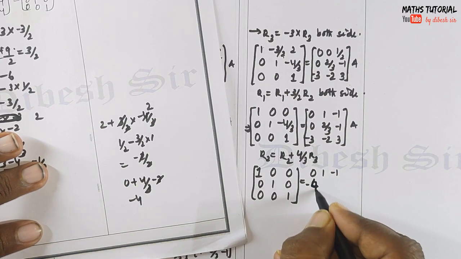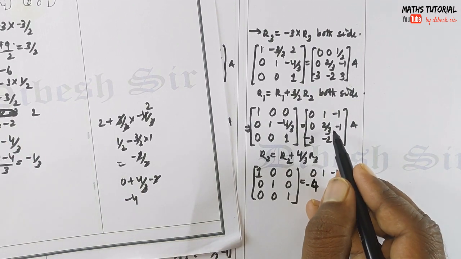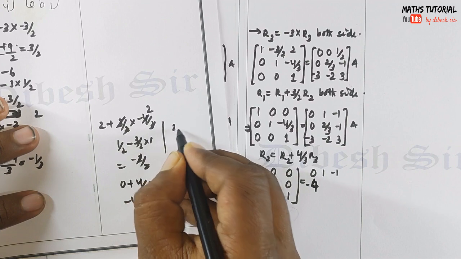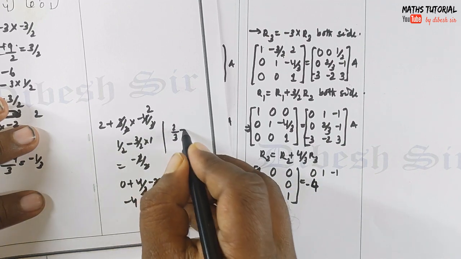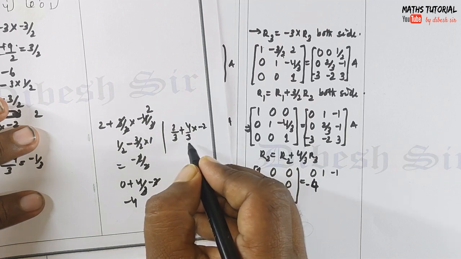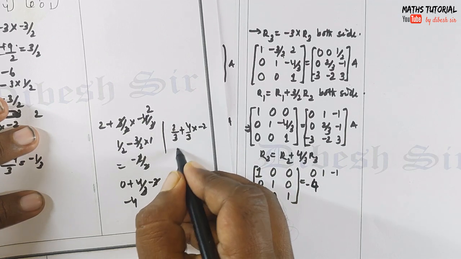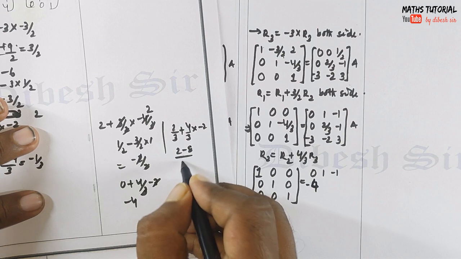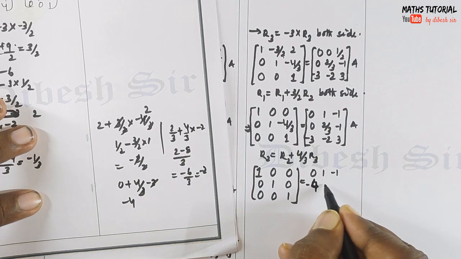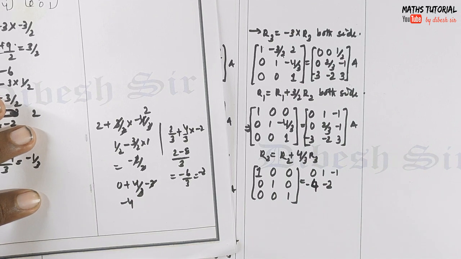as minus 4. Next 2 by 3 plus 4 by 3 into R3, that is minus 2, that is 2 minus 8 by 3 minus 6 by 3, that is minus 2, so this becomes minus 2.